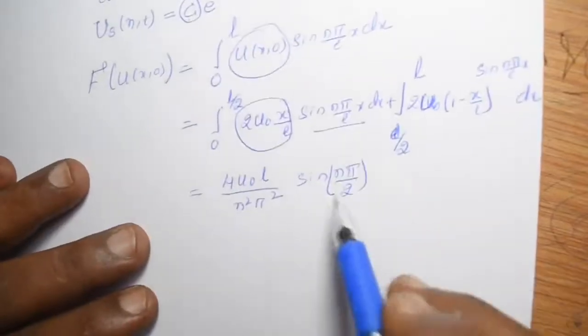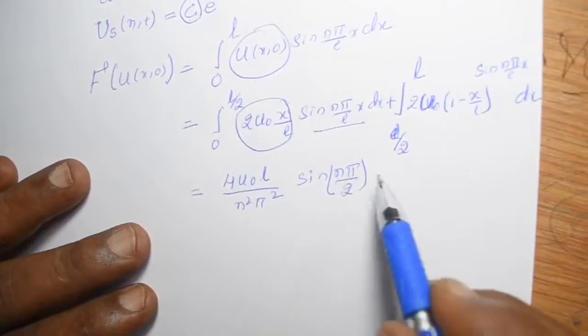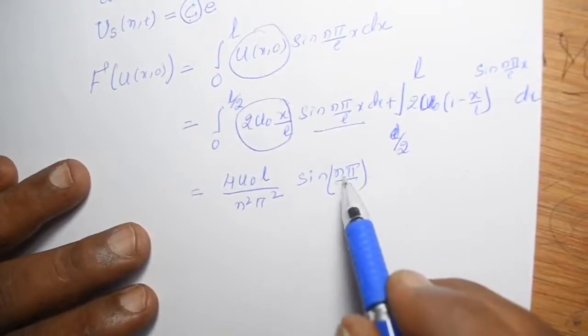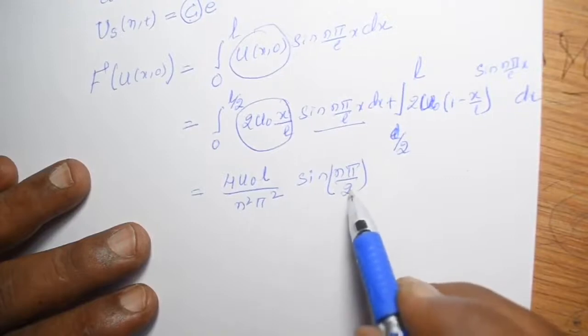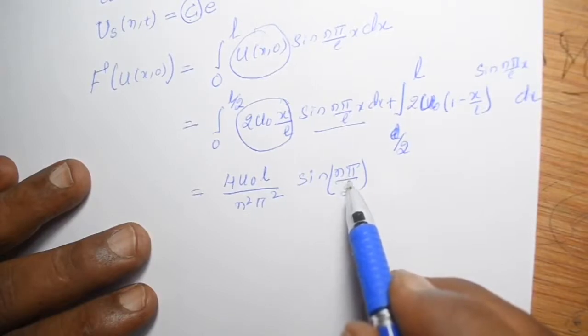Look here, one speciality is when n is odd, there will be a non-zero value. When n is 1, sin(π/2) is 1. If n is 3, then 3π/2, the value is minus 1. Similarly 5π/2, the value is plus 1, 7π/2, the value is minus 1.